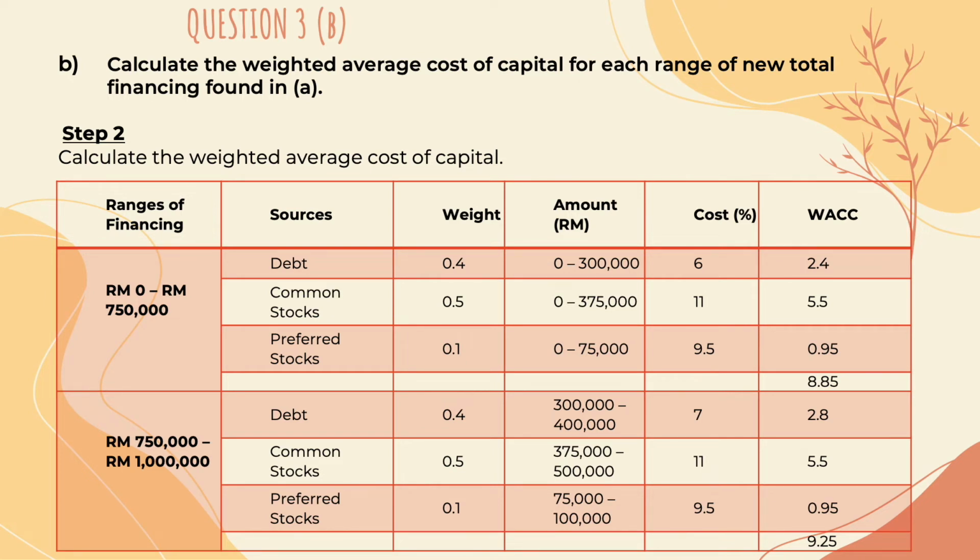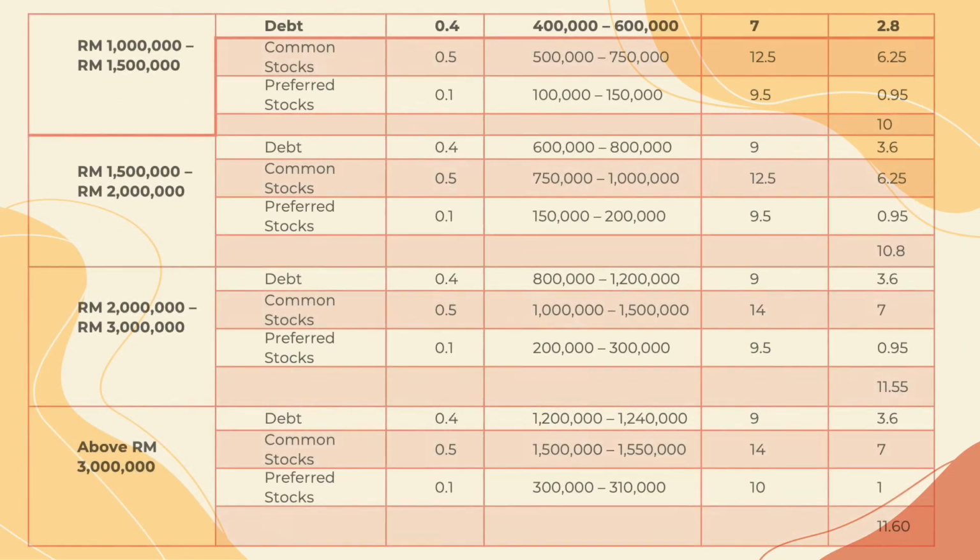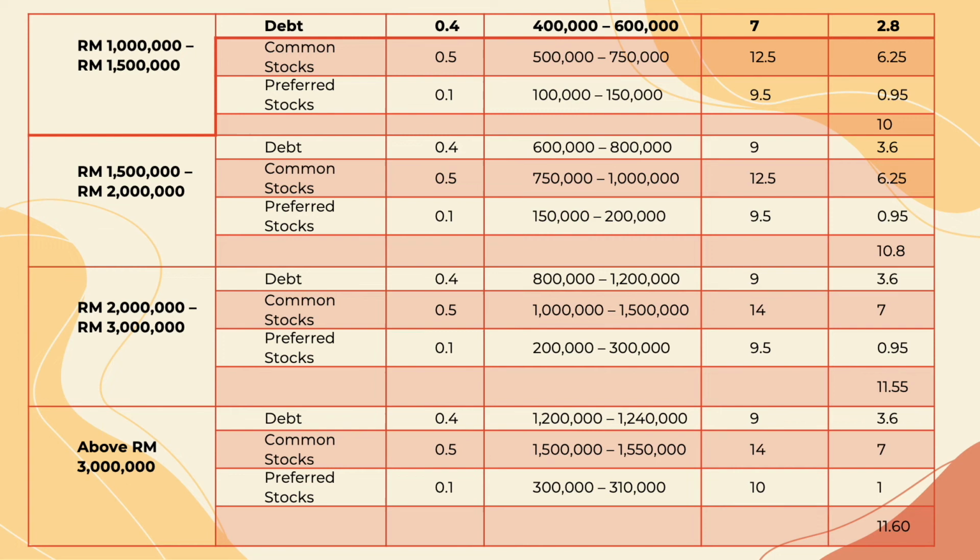How I get the WACC is by cost times weight. For example, for debt, 6 times 0.4 equal to 2.4 and repeat the same steps until the last range. For the red color, that is the total amount of WACC for each range.